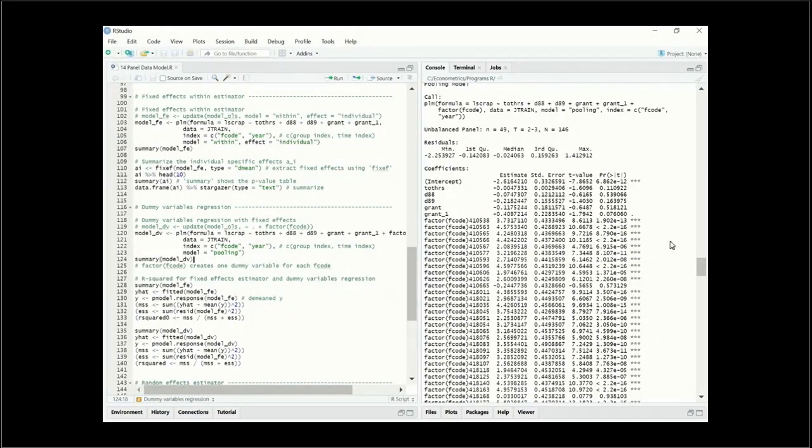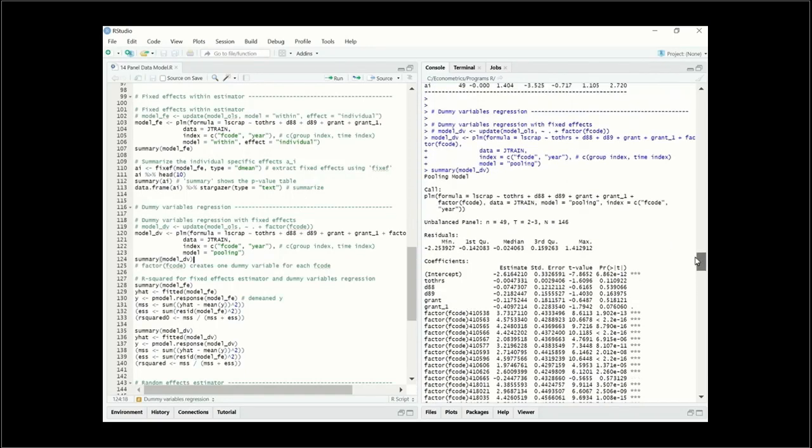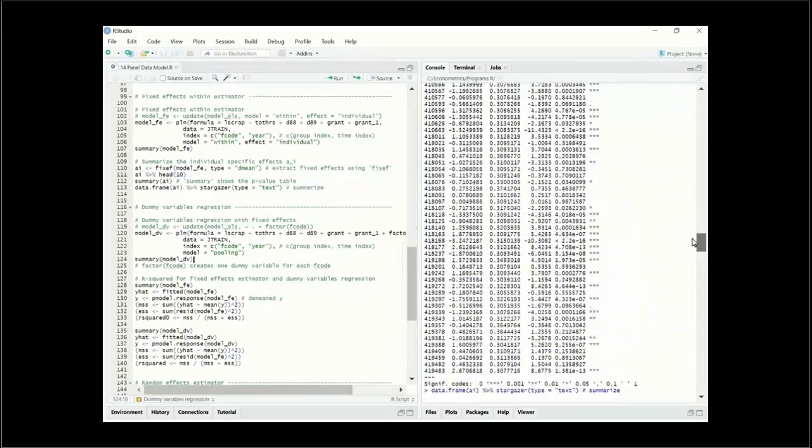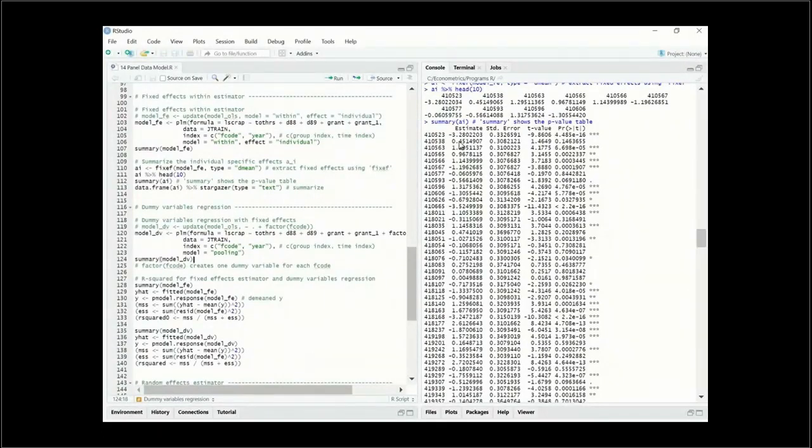So here we had fixed effects that were equal to minus 3.28 for the first firm. You see that ends in 23 F code. The second one that ends in 38 for the F code is 0.45, then it's 1.29, and so on. These sum up to 0.